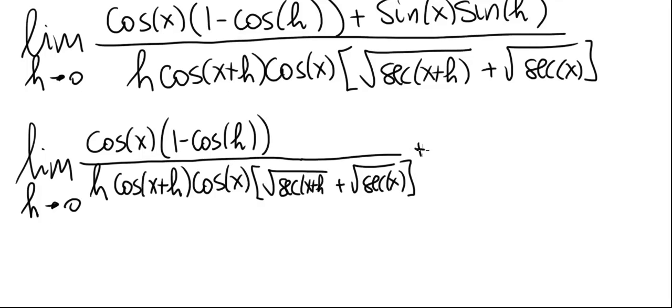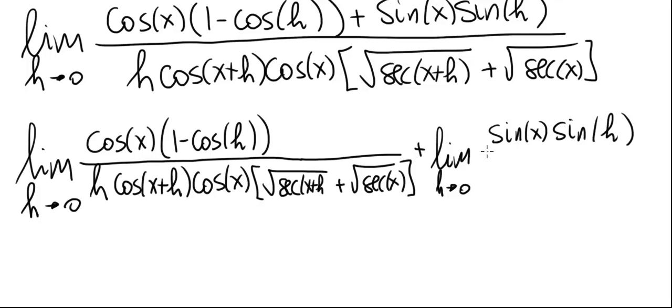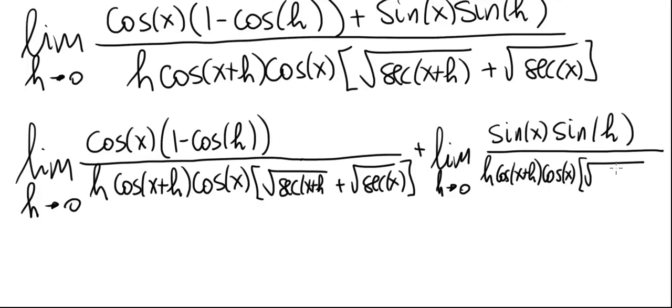And the second limit is going to be the limit as h goes to 0 of sine of x times the sine of h, divided by h times cosine of x plus h times cosine of x times the quantity square root of secant of x plus h plus the square root of secant of x.